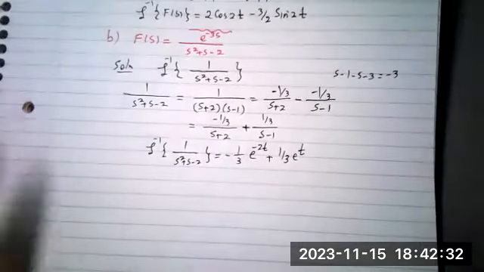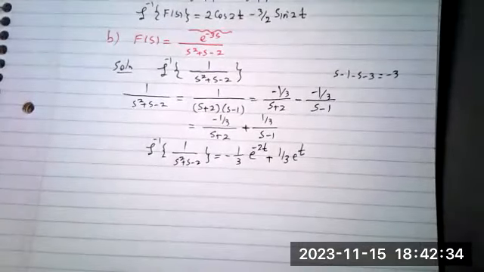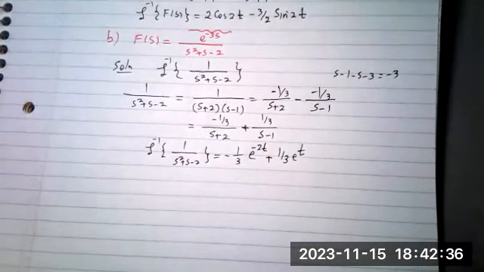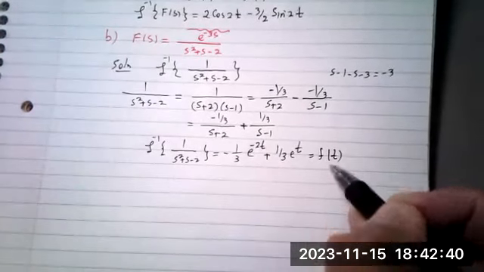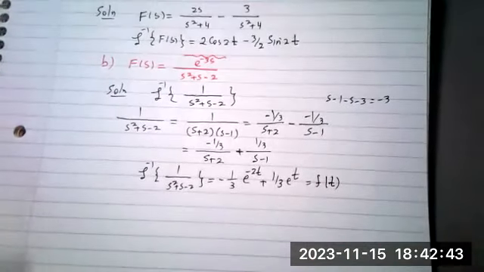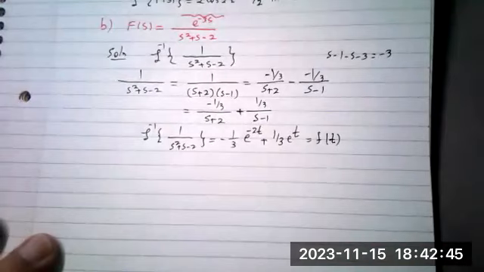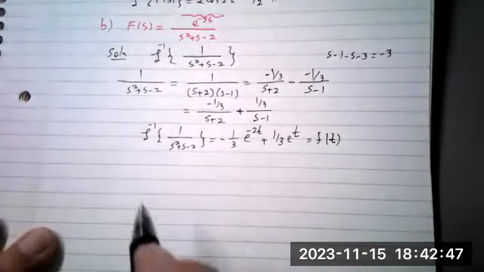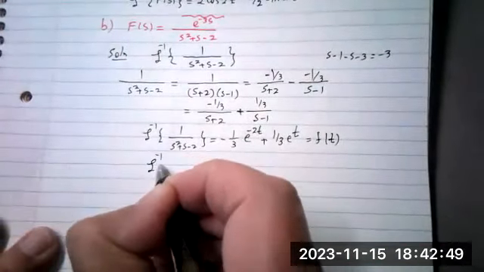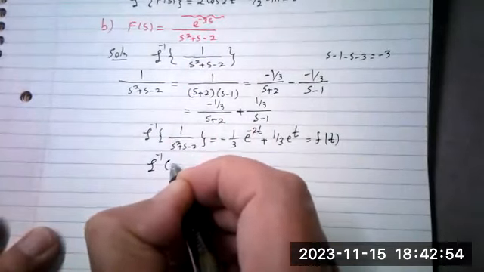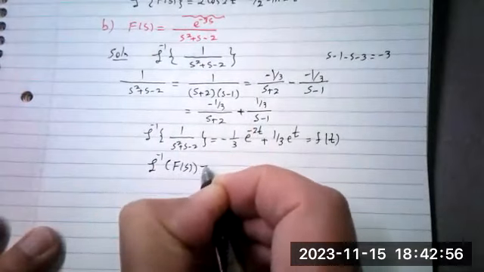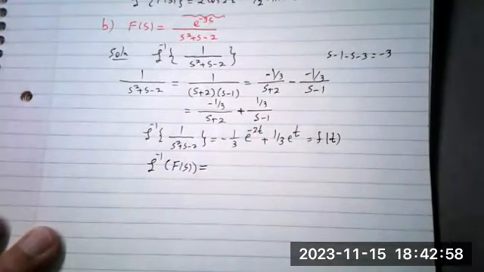That's your f of t. And then you change the t into the t minus c. So the Laplace inverse of the given function, this is it.